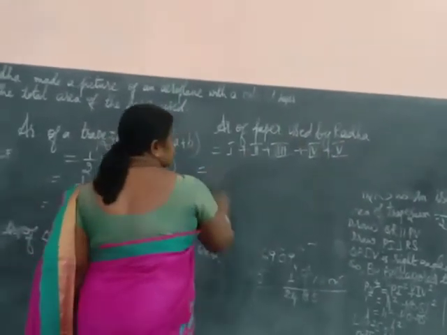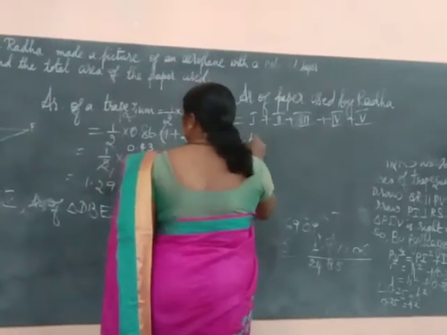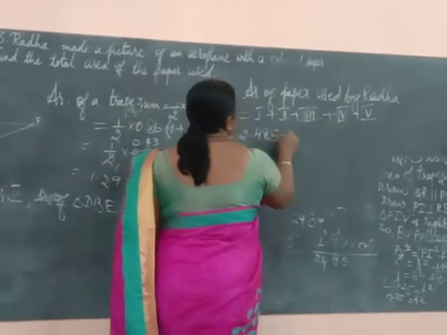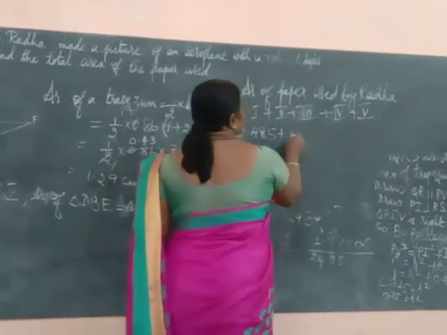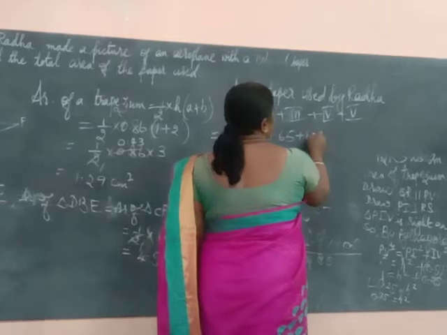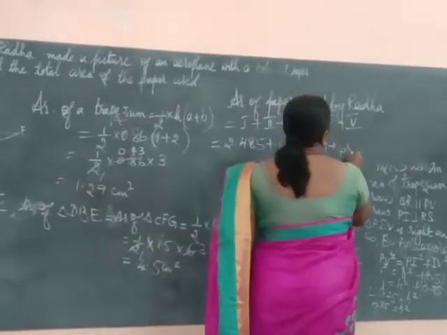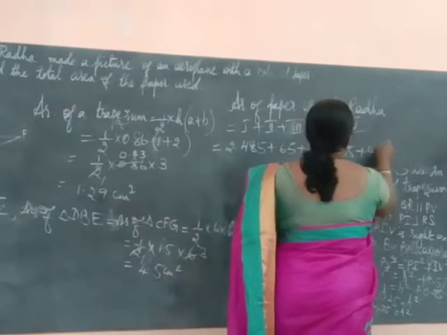First, how much? Tell me. 2.485 plus second 6.5 plus third 1.29 plus fourth 4.5 plus 4.5.